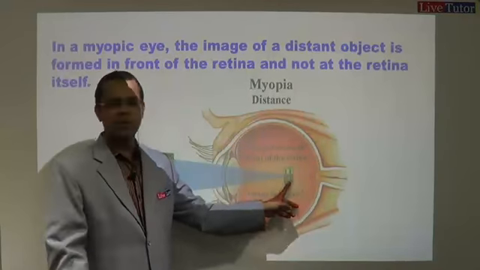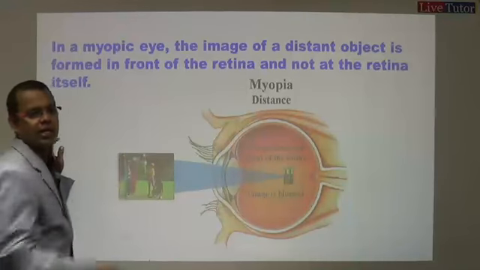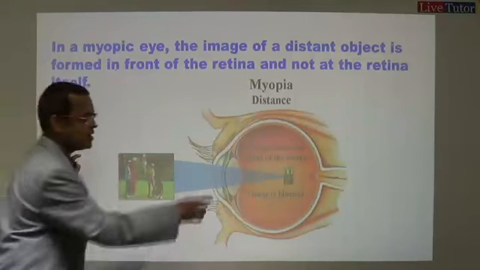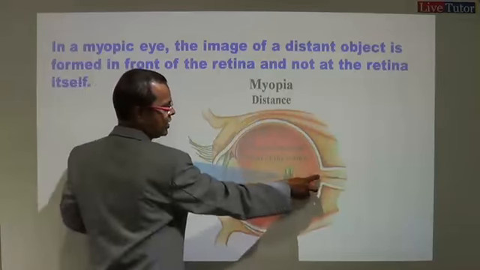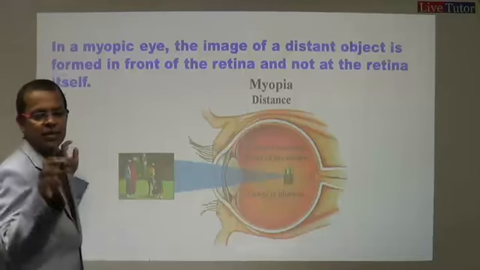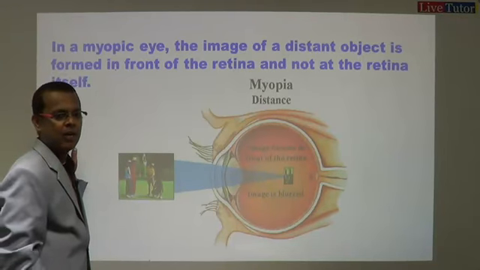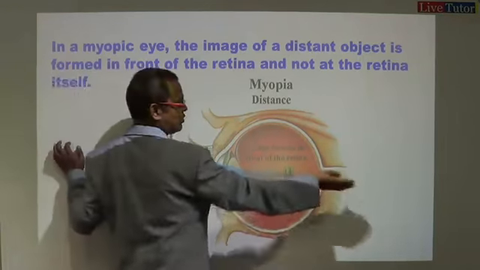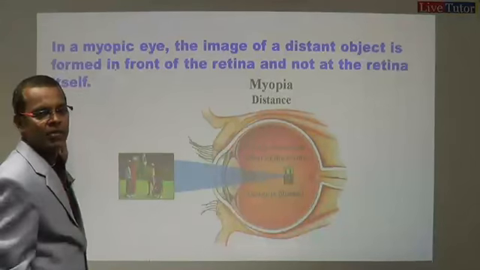You can see that it is somewhat in front of the retina, not exactly on the retina itself. Because of that, only if all the rays are focused on the retina will the nerves inform the brain that the image is received clearly. Otherwise it will be very difficult to transmit the image, so you may find it difficult to understand what kind of image it is.